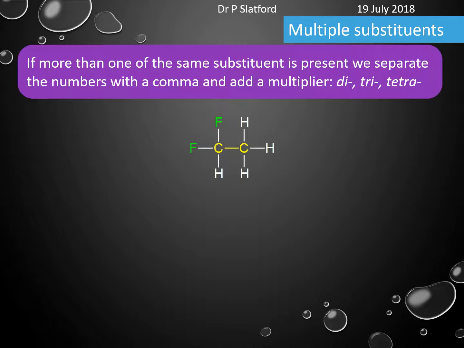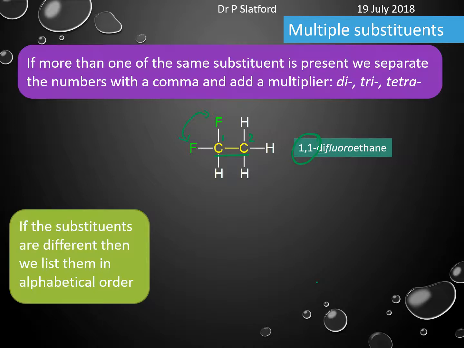Well, it's an ethane because it's 2 carbons, single bond, and I've got 2 fluorine atoms. So couldn't this just be difluoroethane? Well, it could be, but I've also added in a 1,1, okay, because they are both on the first carbon.